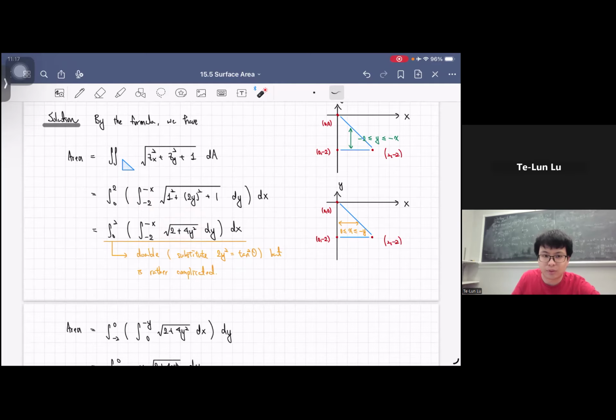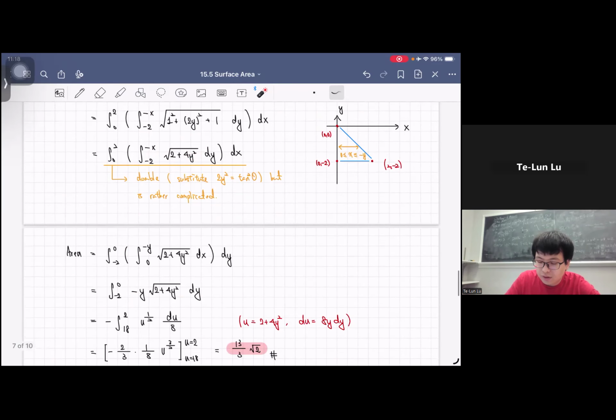This is actually doable. You can do trig substitution, right? As I mentioned in the last video, you will want to apply the trig sub whenever you have a square inside the square root. So that is applicable, but it'll be kind of complicated if you actually do the algebra, which I encourage you guys to try to do. However, this would not be a very wise solution. So let us try another way of integration.